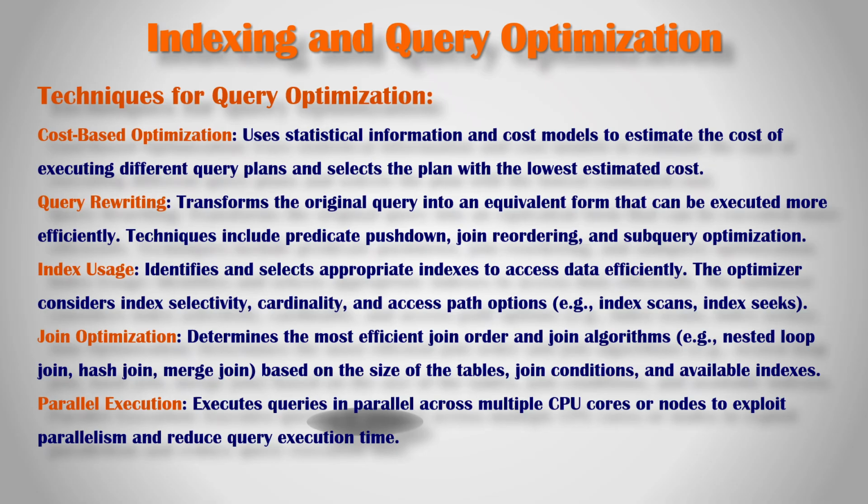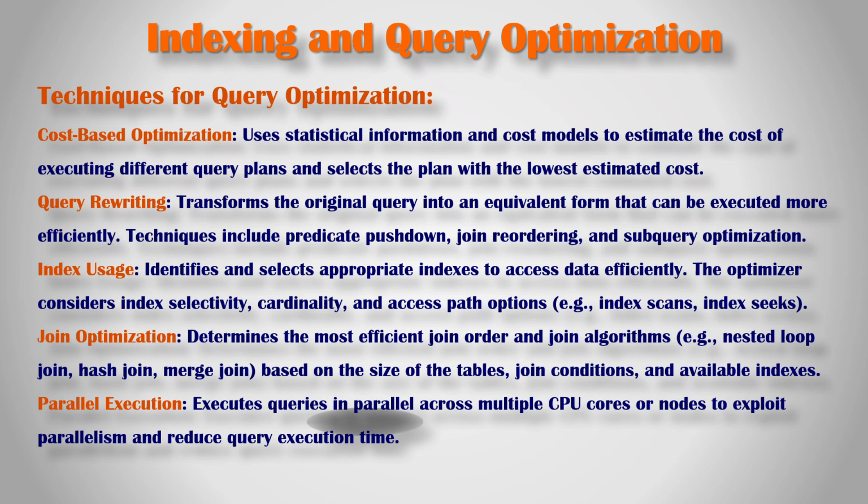Techniques include predicate pushdown, join reordering, and subquery optimization. Index usage identifies and selects appropriate indexes to access data efficiently. The optimizer considers index selectivity, cardinality, and access path options. For example, index scans, index seeks.